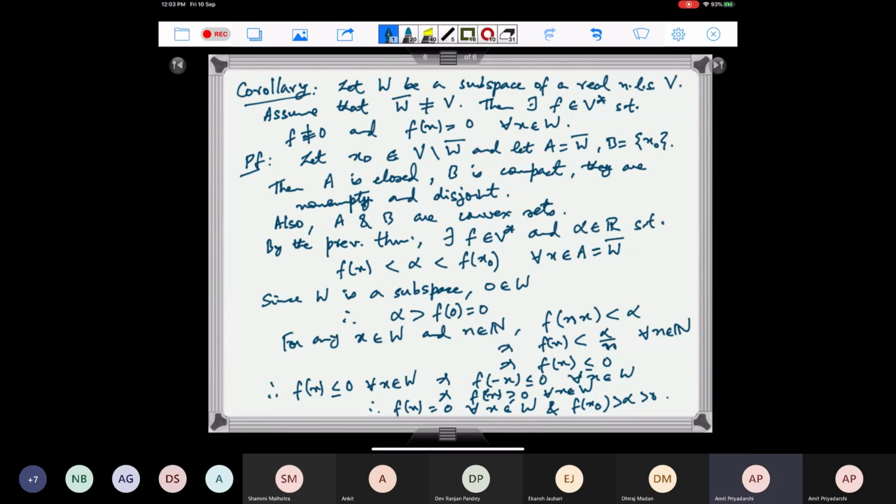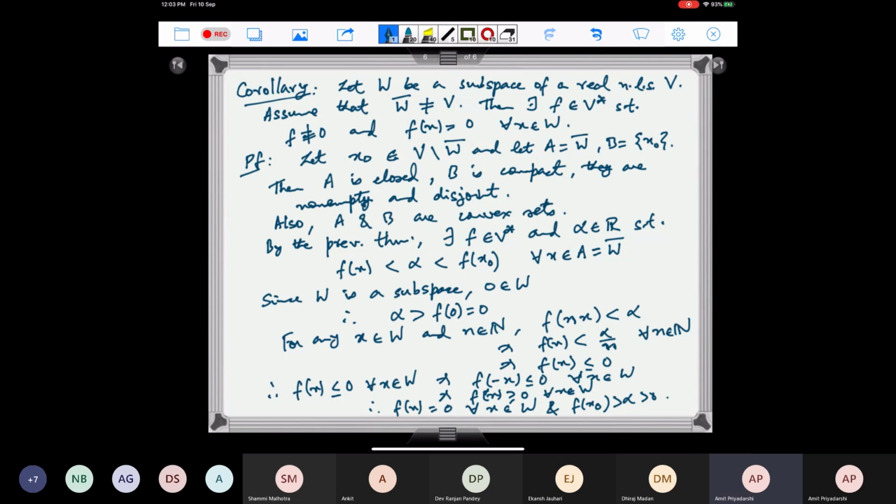Okay, so we will stop here. In the next class we will discuss these other important theorems of functional analysis: the open mapping theorem, the closed graph theorem, and the Banach-Steinhaus theorem.